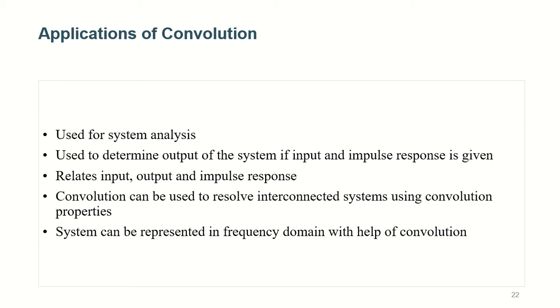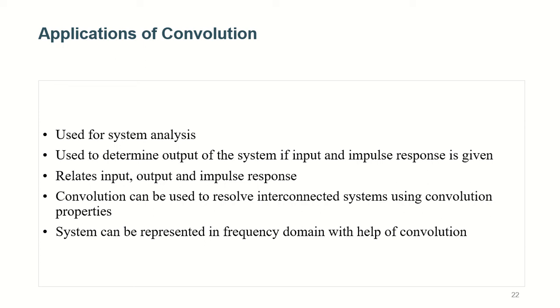What are a few other applications? Another one comes when you want to determine the output of the system, and if input and impulse response are given to us, then we can determine the output of the system, right? We have impulse response, and we have input.